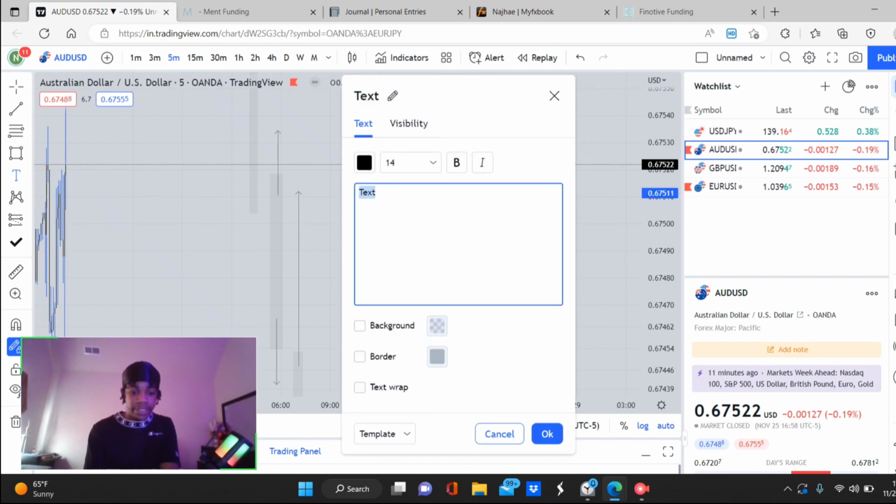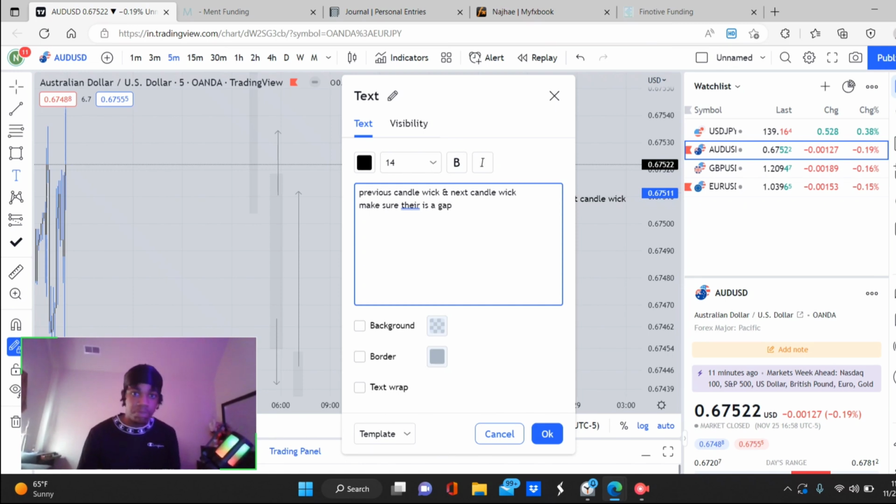So you need to find the previous candle's wick and next candle wick, right? After you have found the previous candle's wick and the next candle's wick, make sure there is a gap.